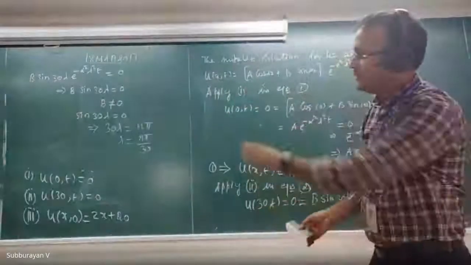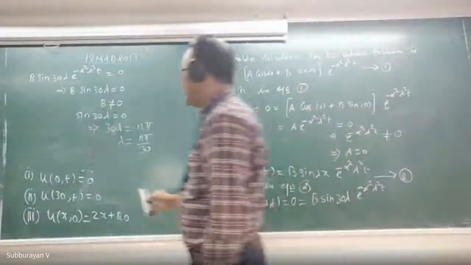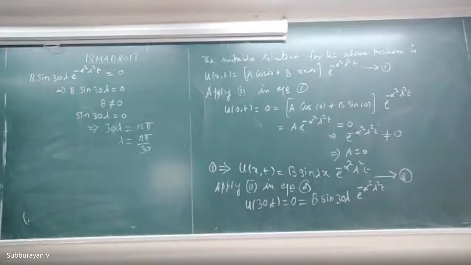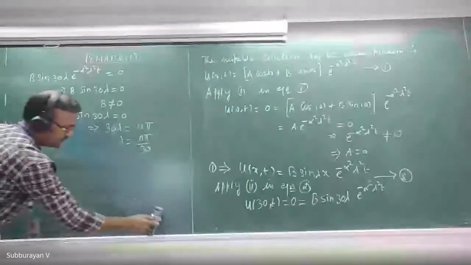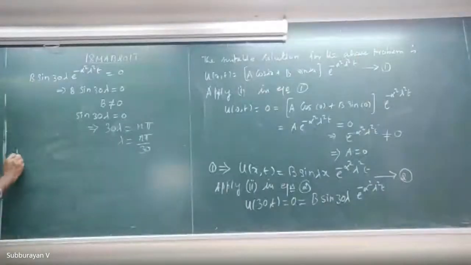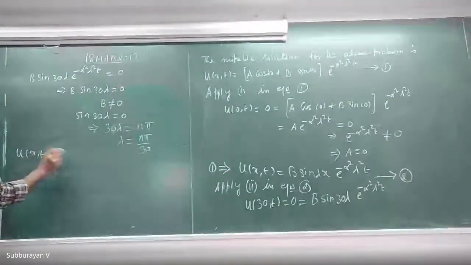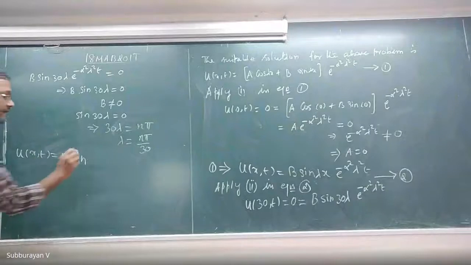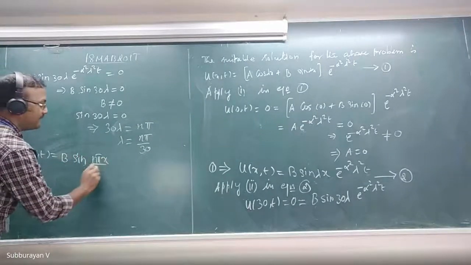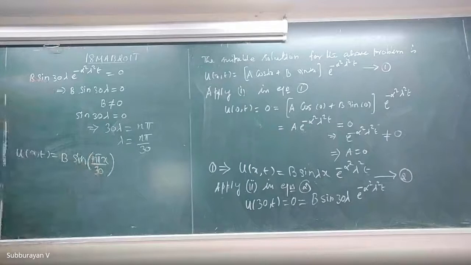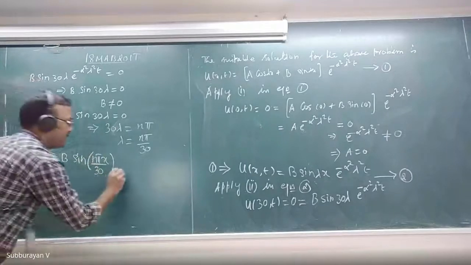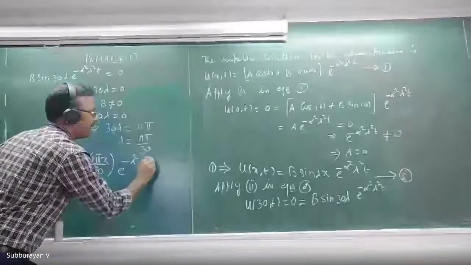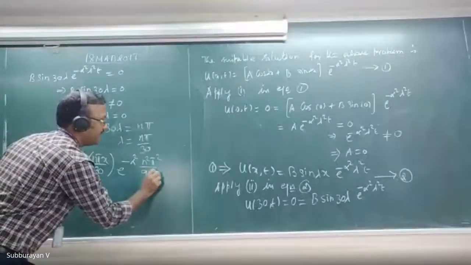We found out the value of lambda. Therefore, our u of x comma t further reduces to u of x comma t equal to b into sine n pi x divided by 30 into e to the power minus alpha square n square pi square divided by 900 into t.